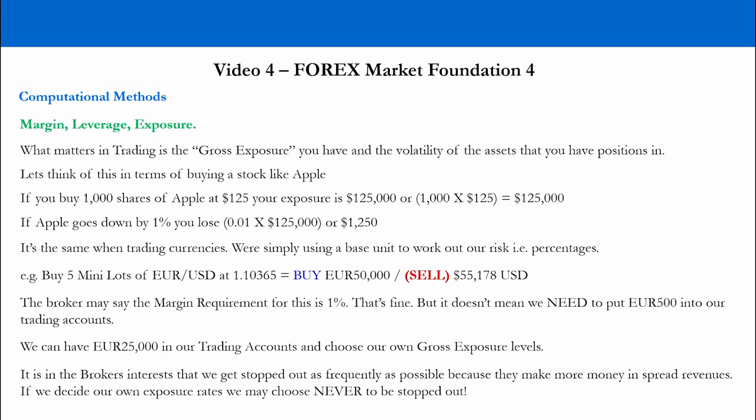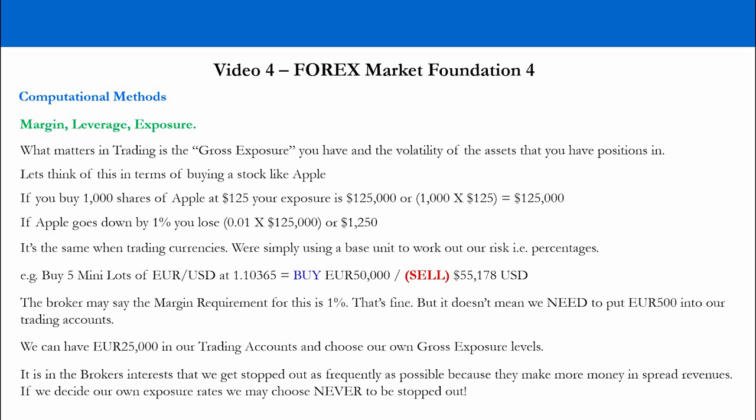When we looked at the previous slide and the margin requirement, that margin requirement rate being lower than the volatility of the asset, we never want to be in that position because it means we can easily get stopped out. So the trick here is actually to choose your own exposure levels and do the opposite of what the broker wants you to do.